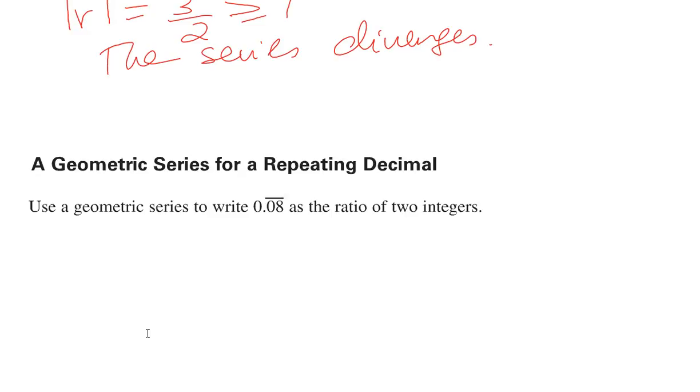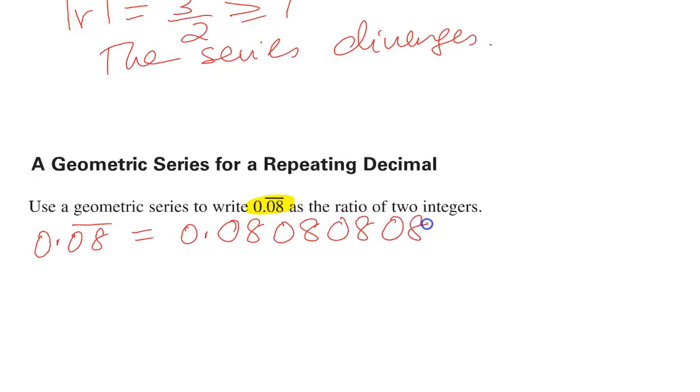Alright guys, what you see here is a repeating decimal, also known as a recurring decimal. 0.08 with a bar on top of the 08. What does that mean? That means 0.08, 08, 08, 08.